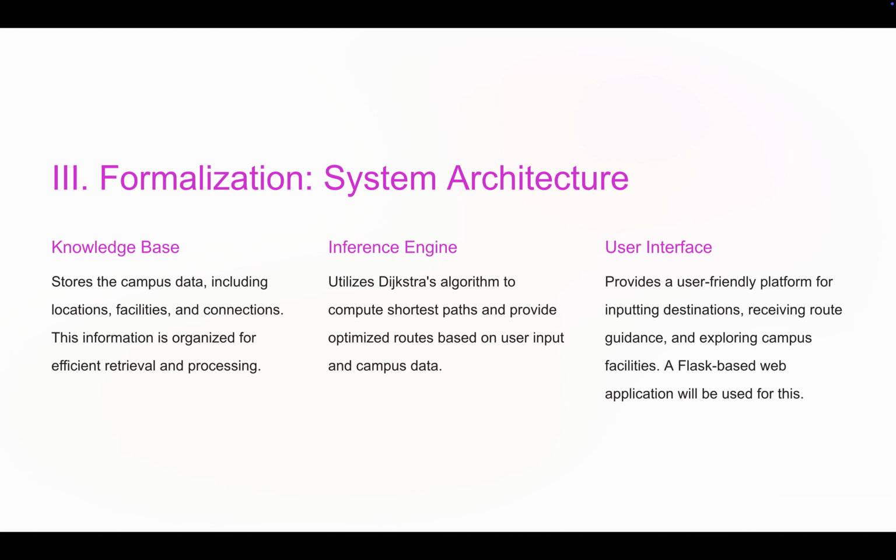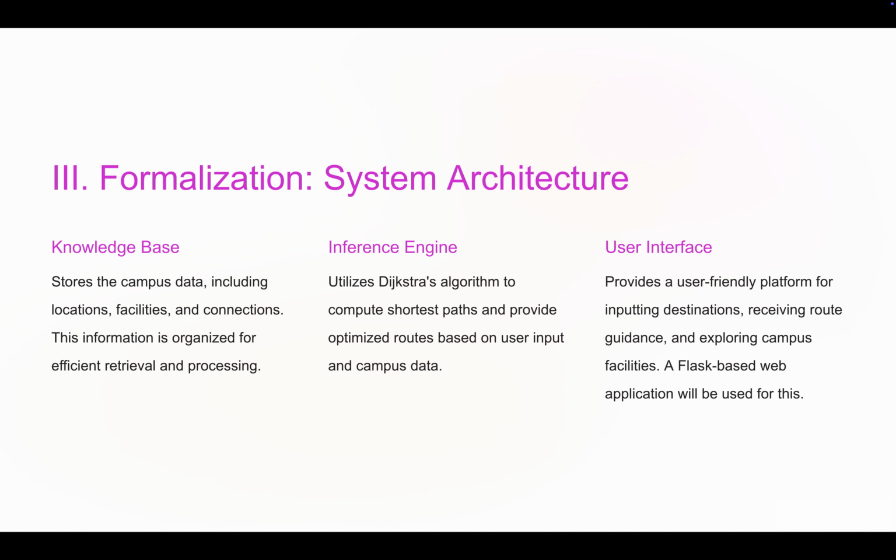Let me come again here. As you can see, it says provide an optimized route based on user input and campus data. If, for example, the information that we put in the knowledge base is not the information the user asks for, say the user is asking about point A to point C, but in the knowledge base we just put point A to point B, it's not going to show A to C, because we didn't put that inside, and it will maybe show an error.